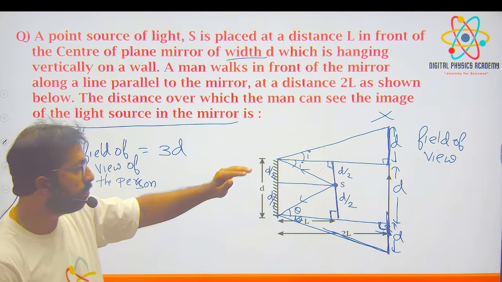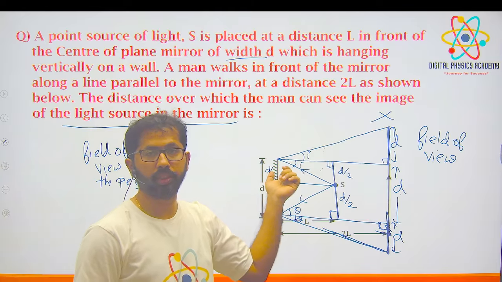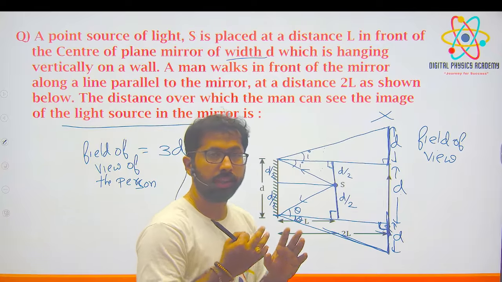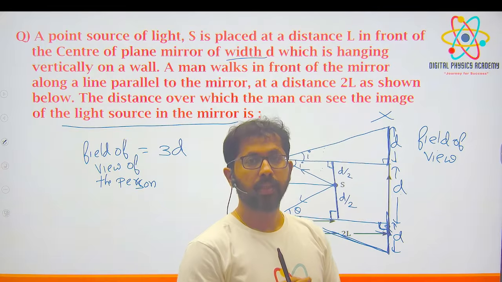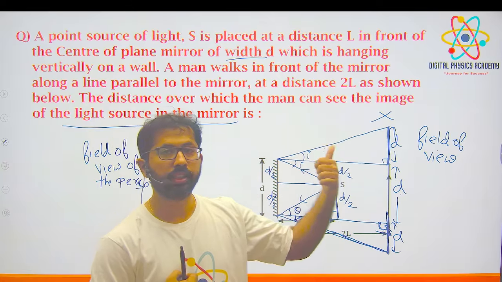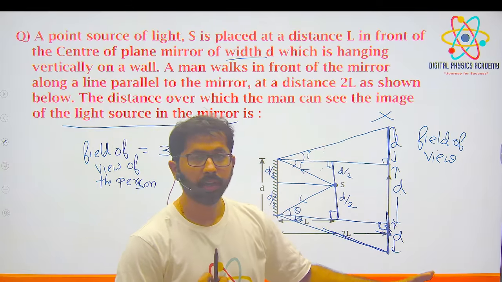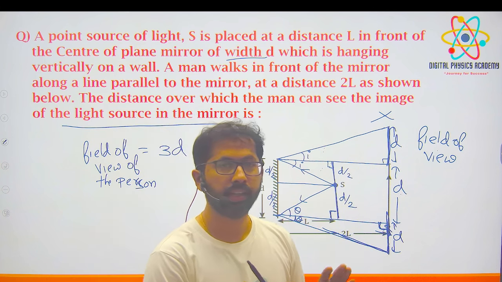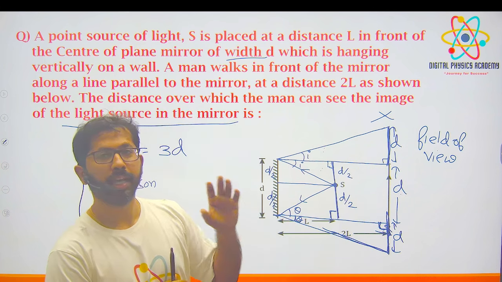So 3d के बाद ही can't see this object, no image is formed, right? So आपको 3 things today we discussed. One is plane mirror, person का height h है, he wants to see the image completely in the mirror, how much height he has to buy from the market, plane mirror का, means nothing but h by 2.